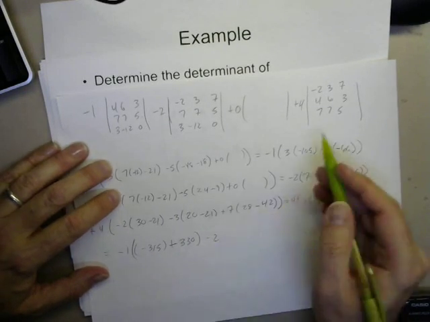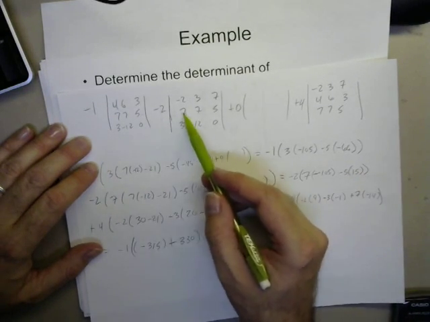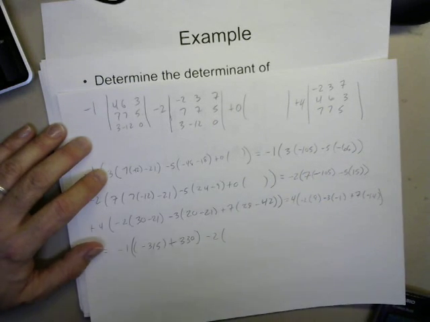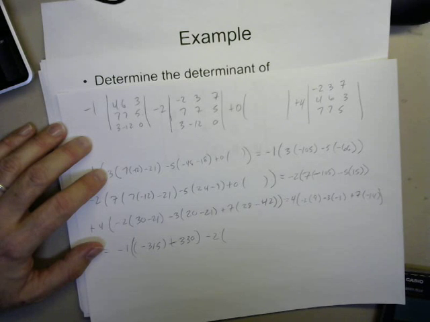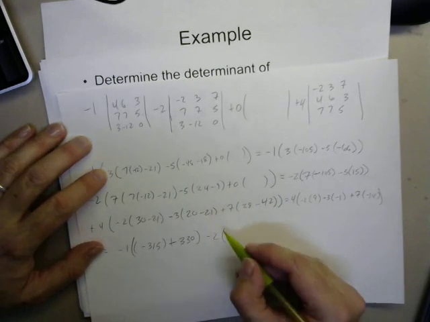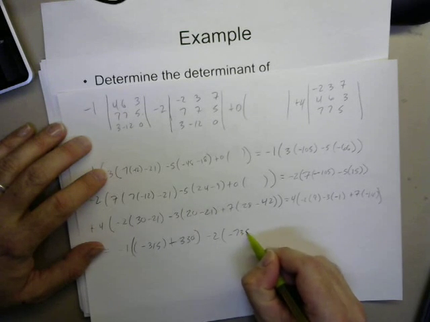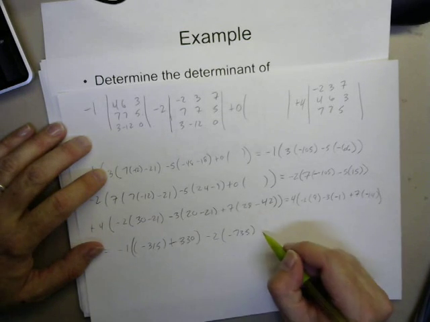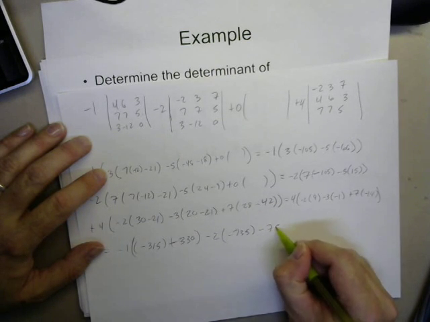And then I'm taking this plus that, so I'll have to add this. So I'll get -2 times 7 times 105, that should be minus 735. And then you get 5 times 15, that's going to be -75.